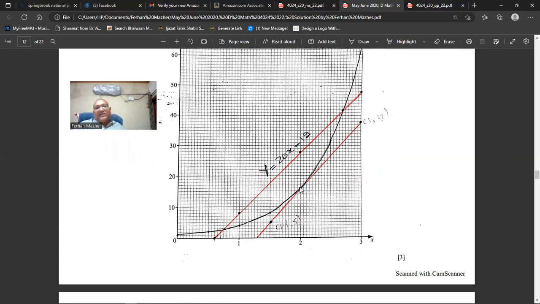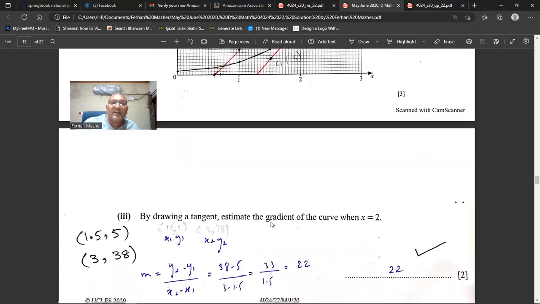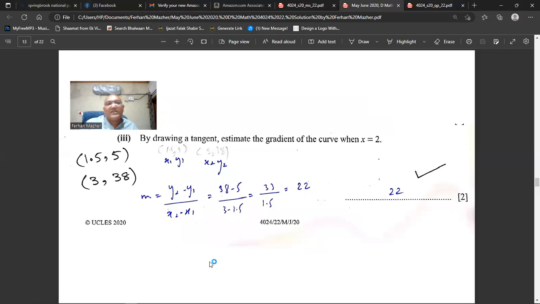And if you want to find the gradient, I will take 2 points. For example, I take this point and this point. This point is (3, 38), and this point is (1.5, 5), and I will use them to find the gradient. The gradient of this straight line will be y2 minus y1 divided by x2 minus x1.